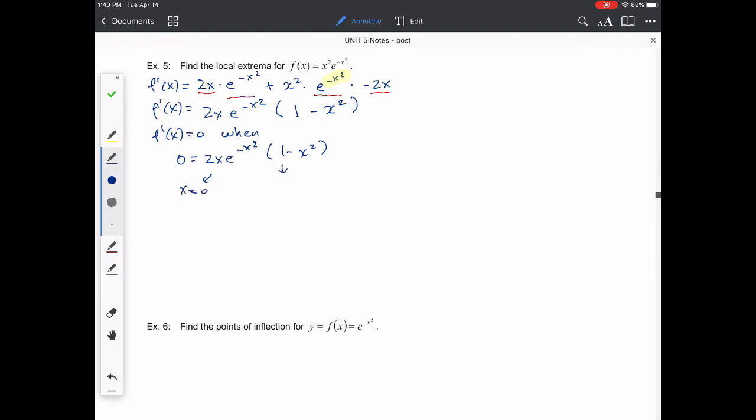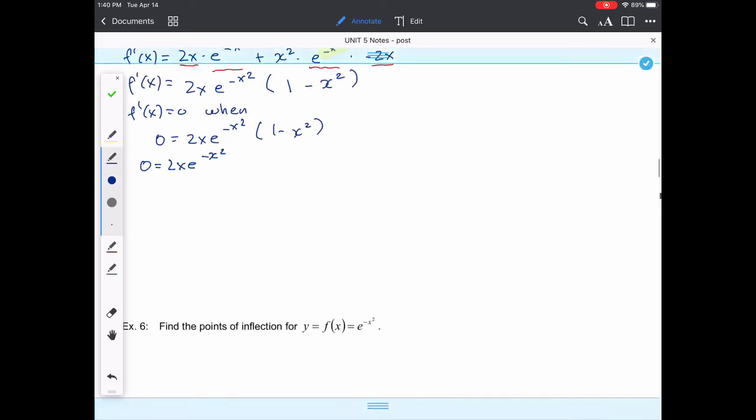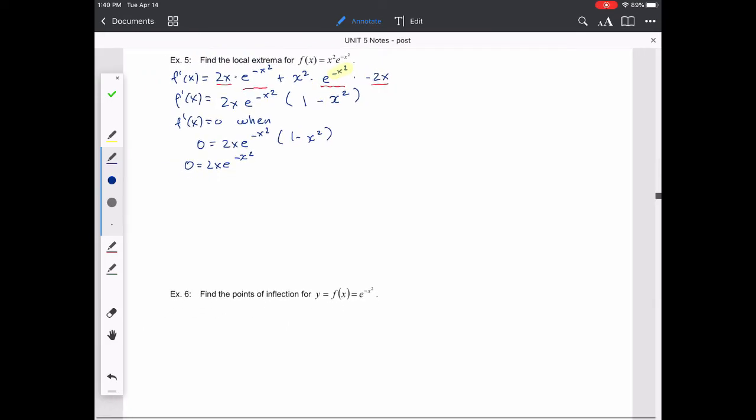And here, I'm going to set that equal to 0. I'll just, you know what, I won't skip any steps. Let's go back a little bit. So we're going to have 0 is equal to 2x e to the negative x squared. And the exponent never makes it go to 0. So the only thing that's going to make it go to 0 is the x beside the 2. Oops, sorry. So we have x equals 0 for that one there.